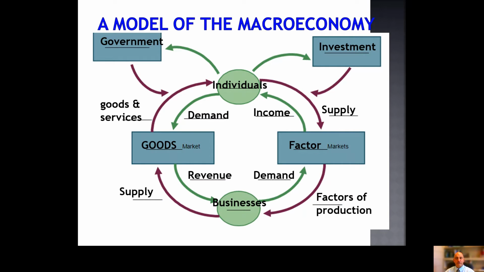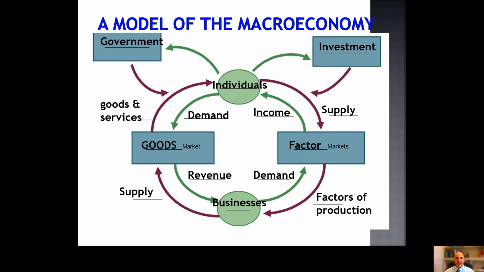And in the circular flow, you will see that there are individuals, you and I, and businesses. And you and I have a demand for goods and services from the businesses. They supply those goods and services in exchange for money. However, the businesses also have a demand for the factors of production.